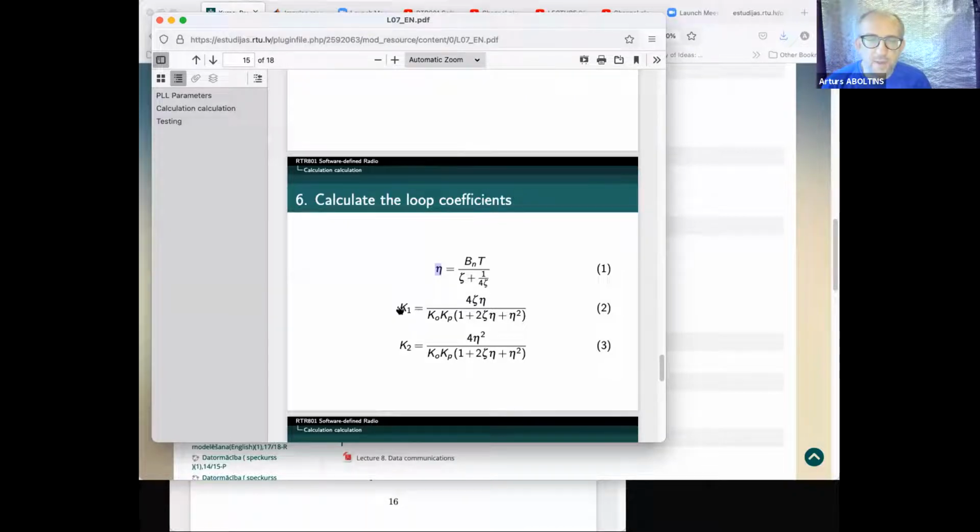A better way is, instead of entering the number, to put the variables K1 and K2, and these variables are calculated in the workspace. Or you can even put this script into some callback function, and then it will run automatically, because otherwise you have to run the script by hand before running the model.